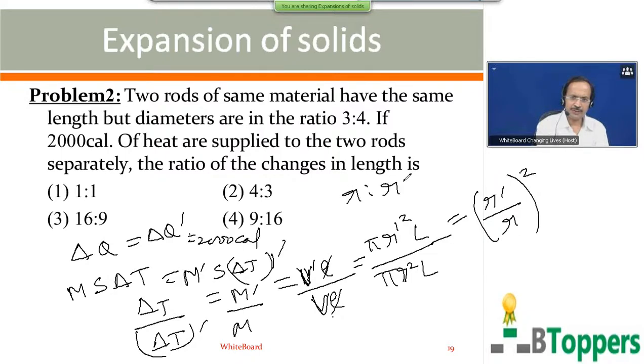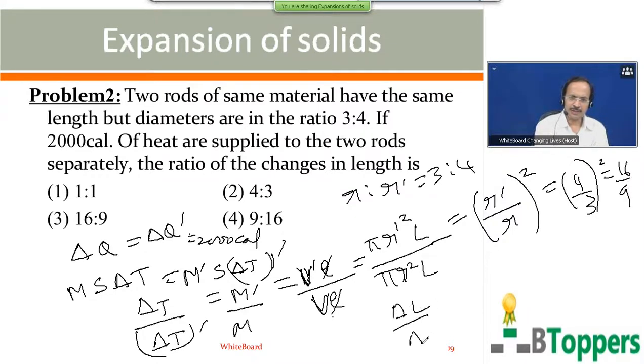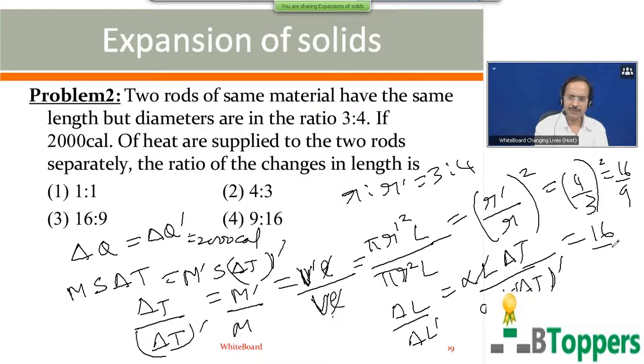The ratio of the radius of cross section is 3:4, so this will be 4/3 whole square, 16/9. So the increase in length of the first rod by the increase in length of the second rod will be the same as the ratio of the increase in temperature of the first rod to the increase in temperature of the second rod, because both the rods have the same original length and the same value of alpha. So you get the same answer.